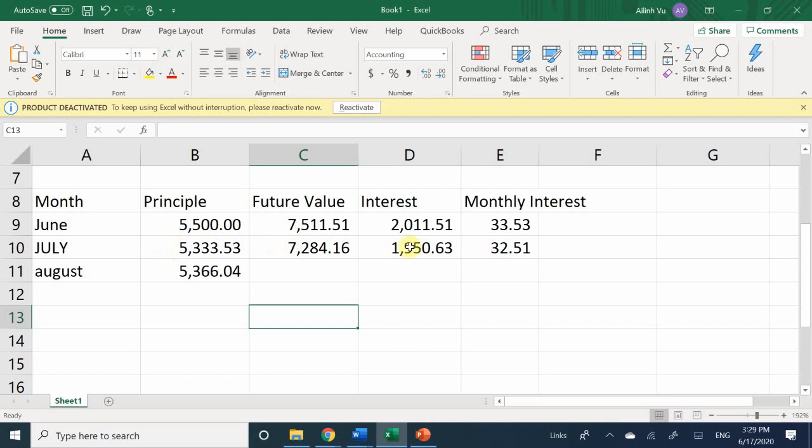If you just left this alone and say you're going to make one payment at the end of 5 years, then your total amount that you need to pay is going to be 7,511.